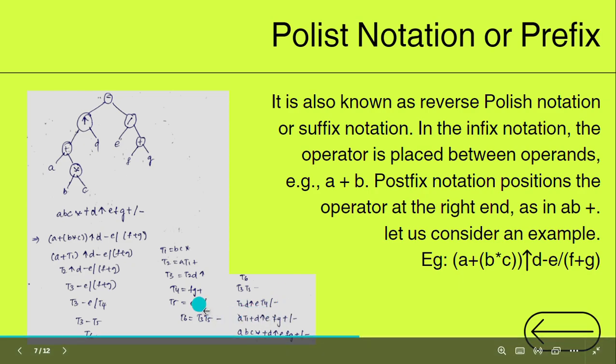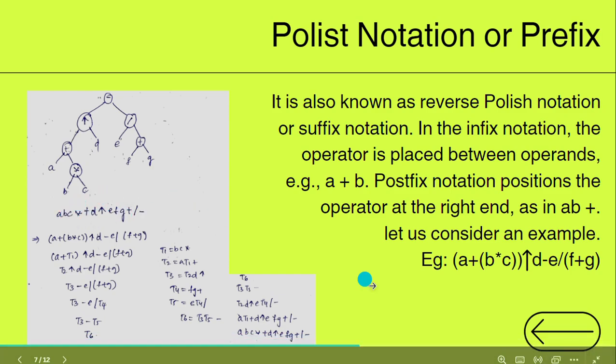T4 is D, F G plus, F G plus, and then T1. Here T1 has to be simplified. T1 is BC into. So we got the equation in the tree form. Like that we have to simplify it.